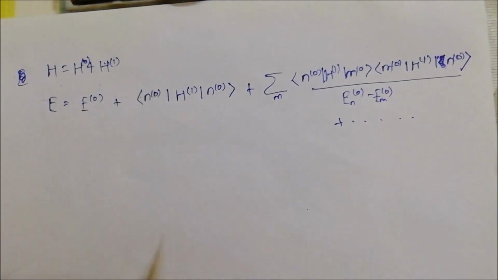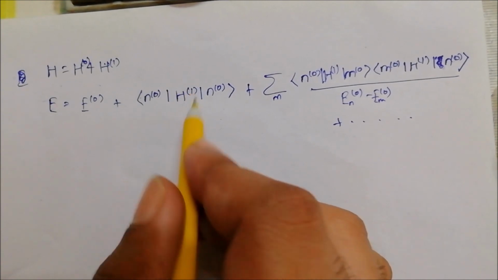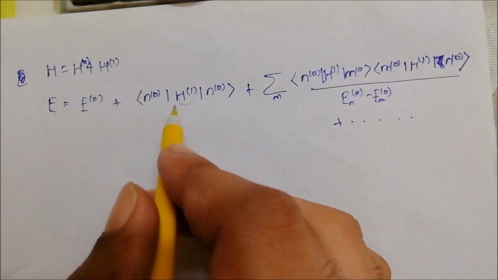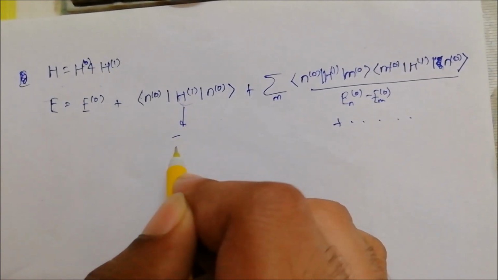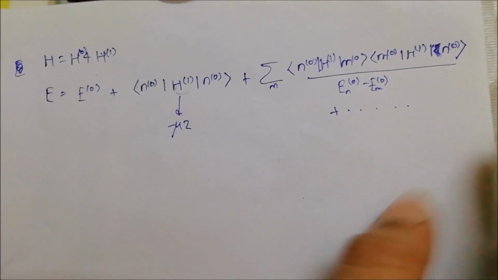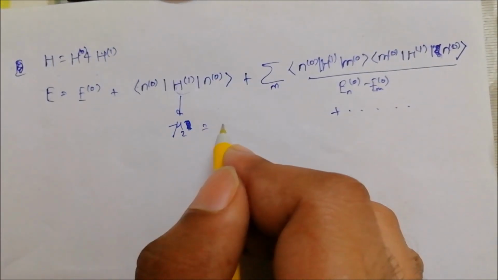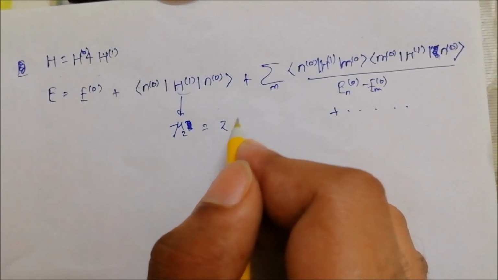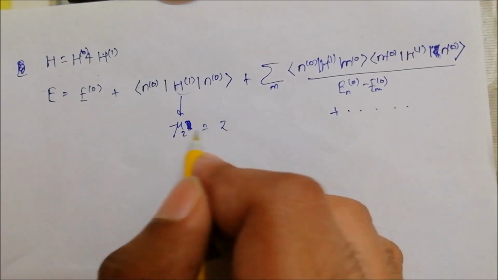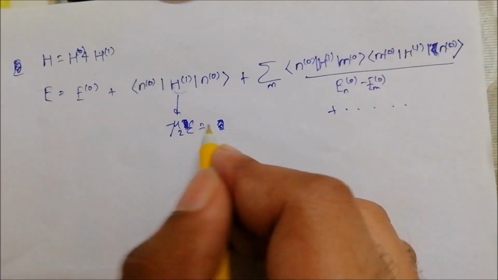So instead of H1 we now substitute our perturbation. H1 was just minus mu z e in this case. This was our perturbation.